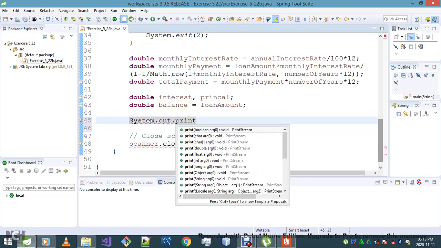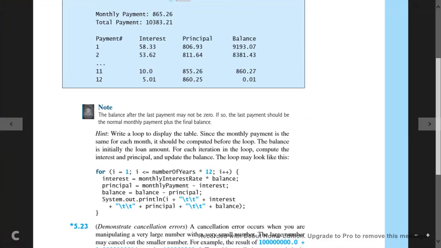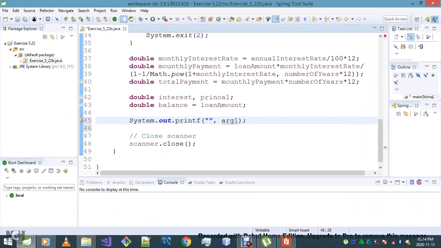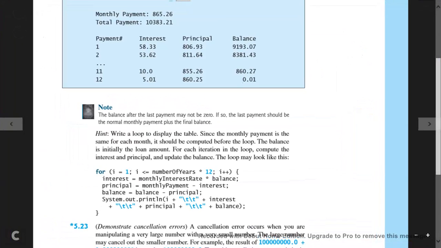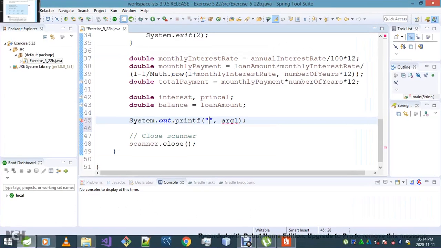Firstly, what I want to do, I want to go System.out.print. This time around I will use printf. I wanna display these headings, firstly I wanna display all this information, right? Okay, so I'll do that by simply saying monthly payment.